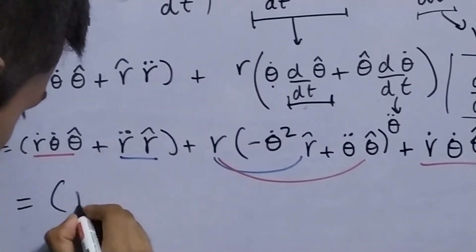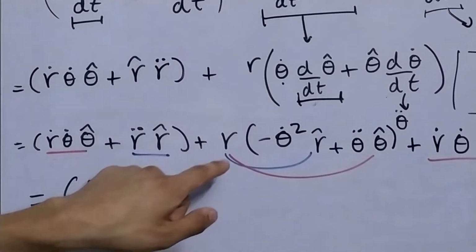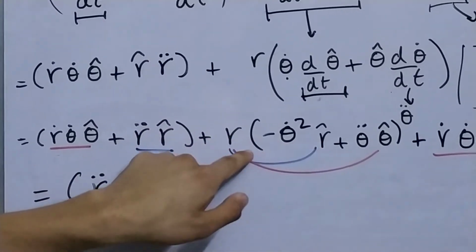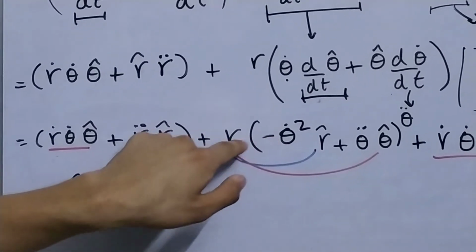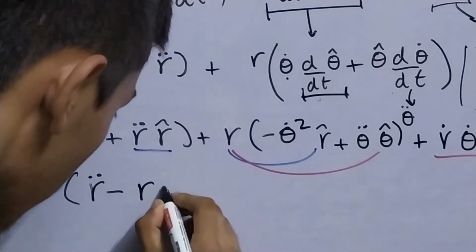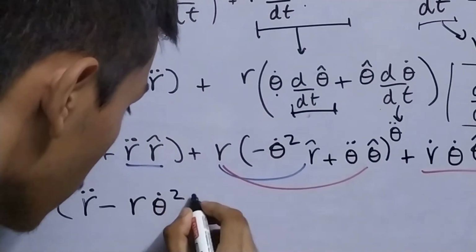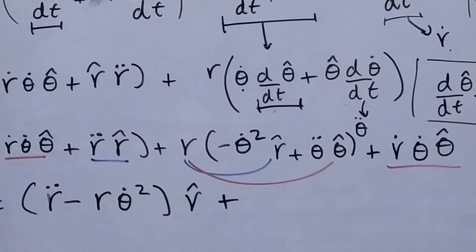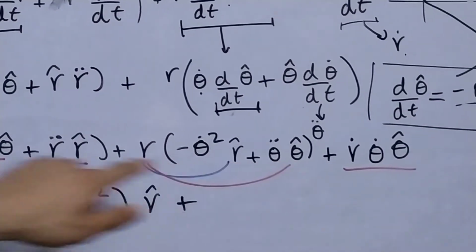So r double dot, this is theta r, you will open this to get minus r theta dot square r cap, so it will be minus r theta dot square in r cap plus all the terms with theta dot.